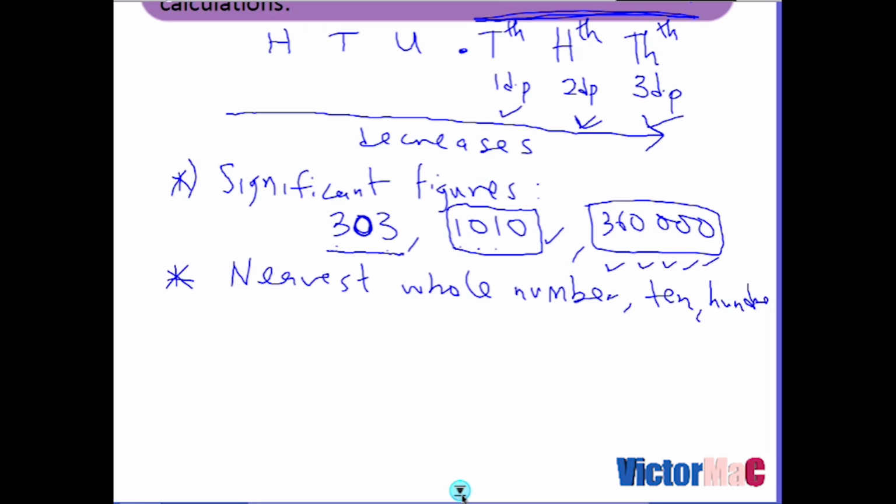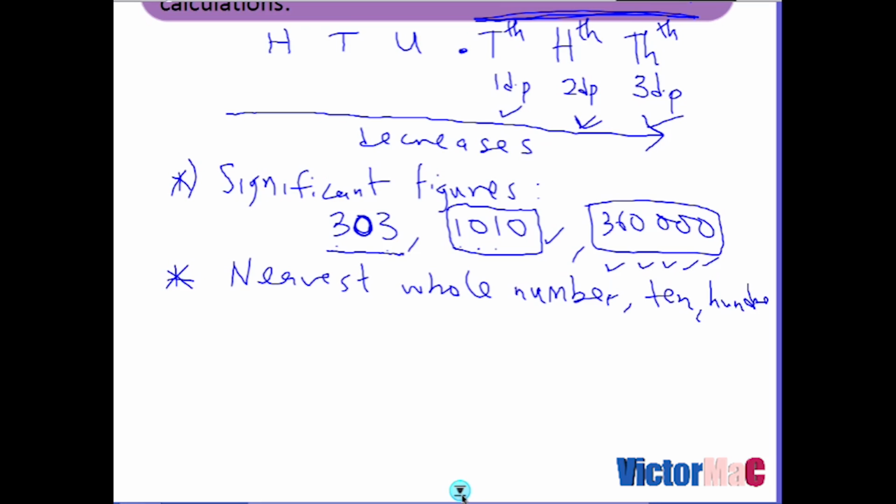The nearest whole number is an alternative way of saying approximate to the nearest unit. As if we want the least place value to be the unit, and if you approximate to the nearest 10, we want the last significant figure to be on 10. We don't want any significant figures after 10.